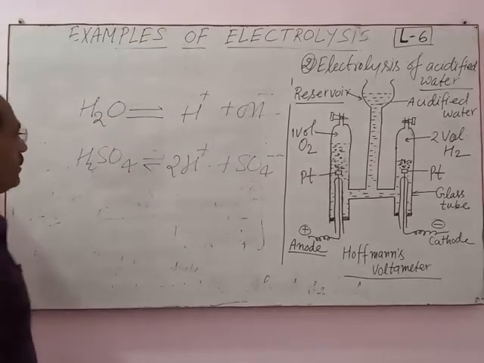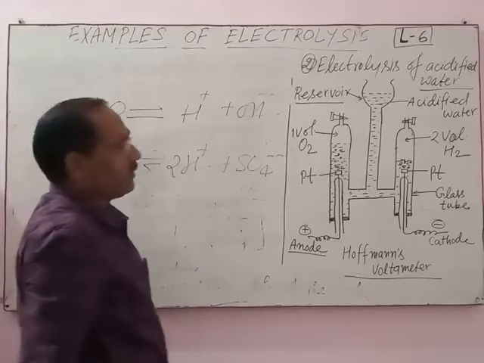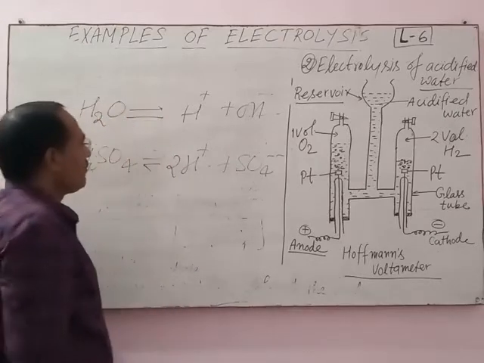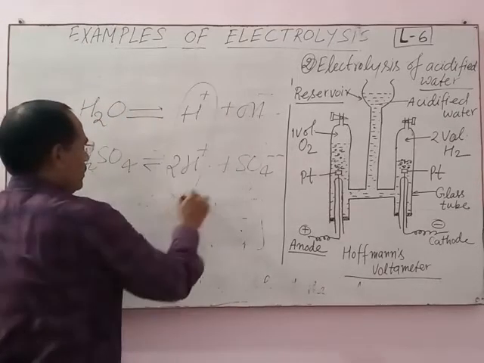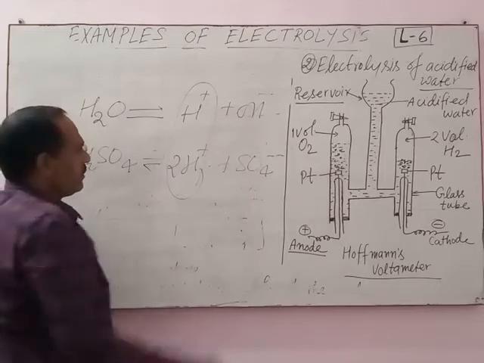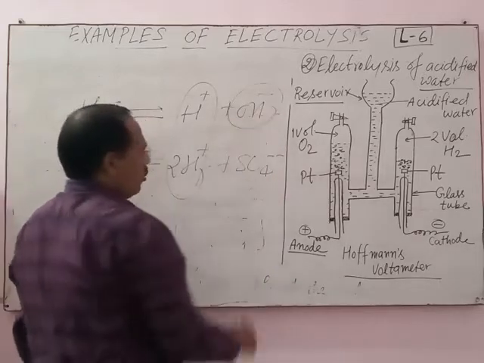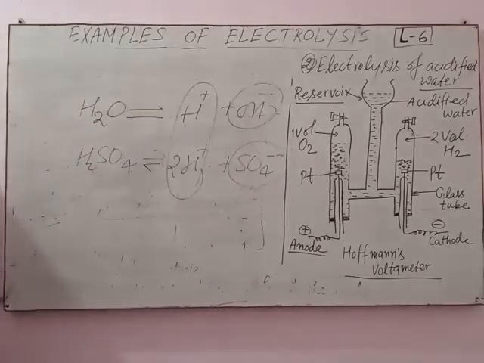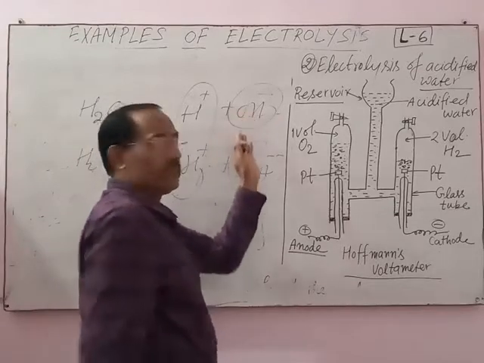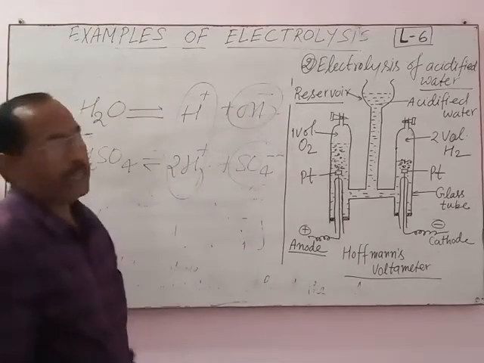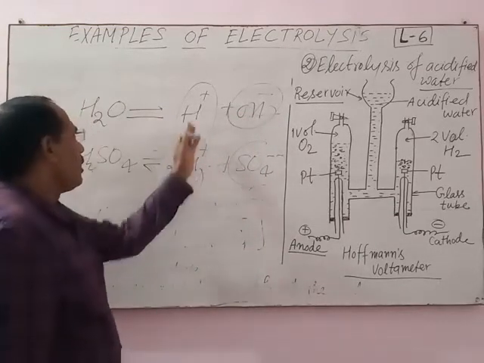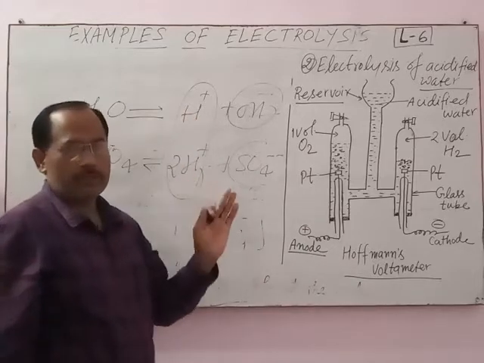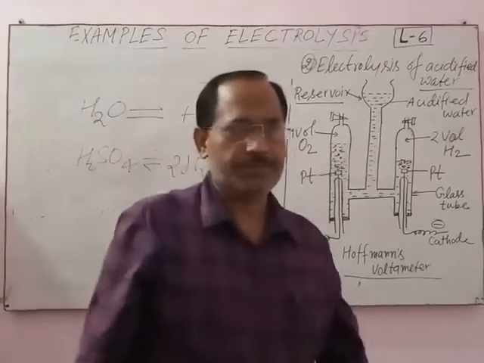As a result, there are three types of ions present in acidified water: one is hydrogen ion, second is hydroxide ion, and third is sulfate ion. There are two types of negative ions present in the solution, and only hydrogen ion is present as a cation.